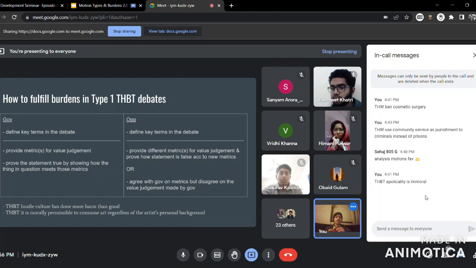So you can also define what morality means to you in the debate, but this is what I'm talking about, a metric. So what is the metric here for Gov? The metric can be any action which causes harm to other people, or any action which can reduce the harm of other people but you're not doing that action. Anything which fulfills this criteria is something that Gov would say is immoral.